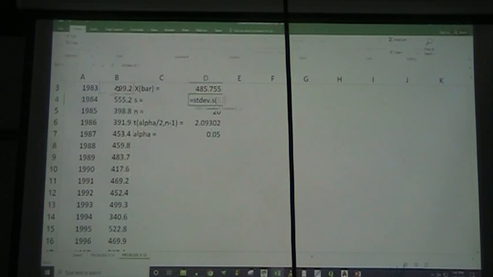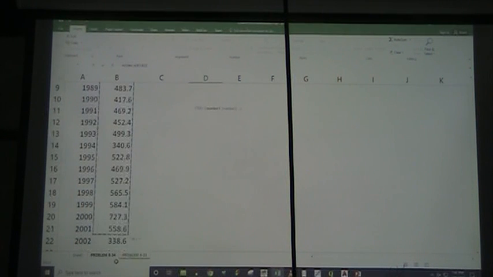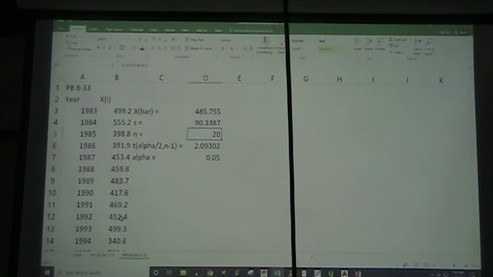Once again, I just highlight all my numbers, right parenthesis. All right, so now I've got my numbers.